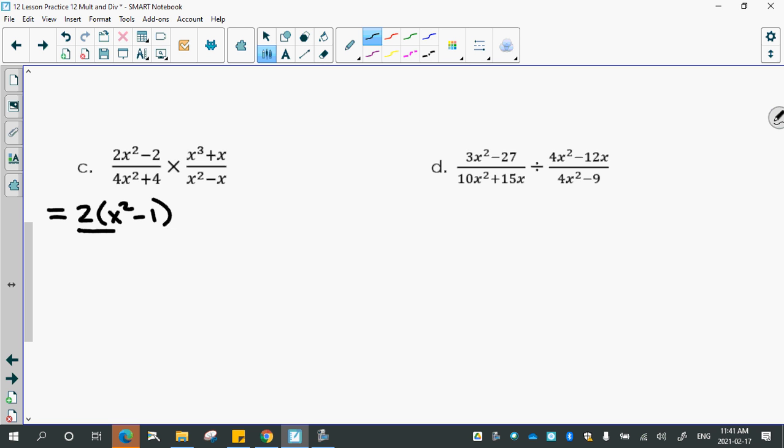So that one's still going to take some factoring, but that's okay. Anyone see anything I could do in the bottom fraction? Common factor of 4. Times, at least it's a times question. Any factoring I can do in the numerator of the second fraction?